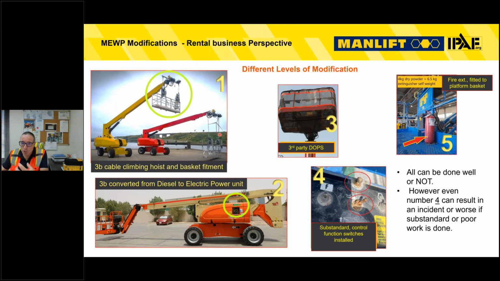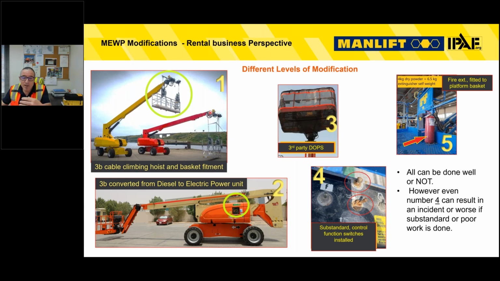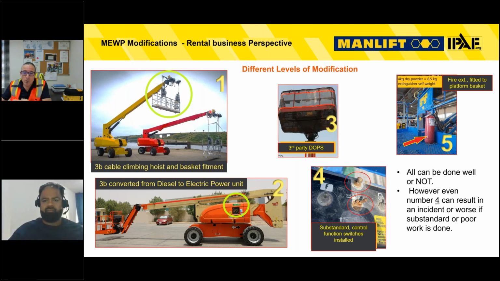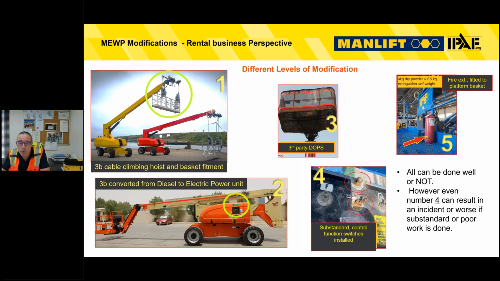The professional organisation that had this done would have gone through a design process, and that would have had a build specification, and the competent engineers would have made sure that the MEWPs still meet the requirements of the standard to which they were built to. And also there will be changes in operation, of course, and competency and the required instruction and training. So that's quite an elaborate one.